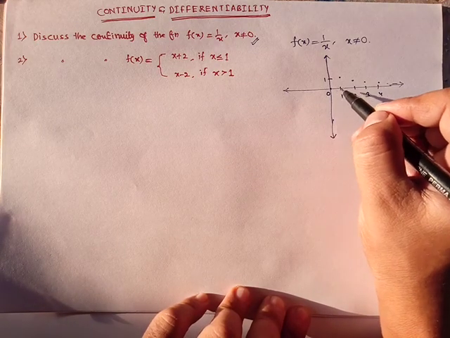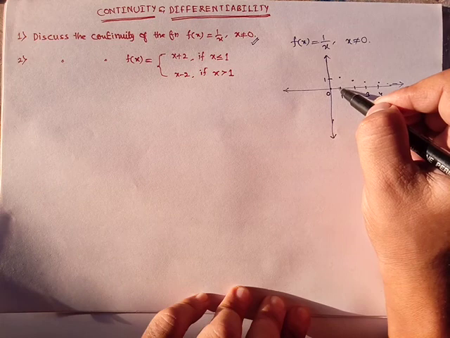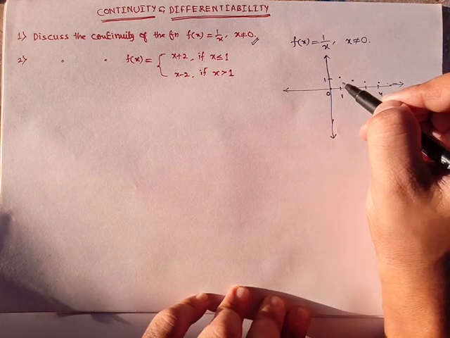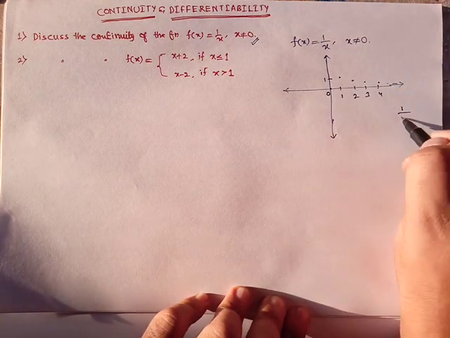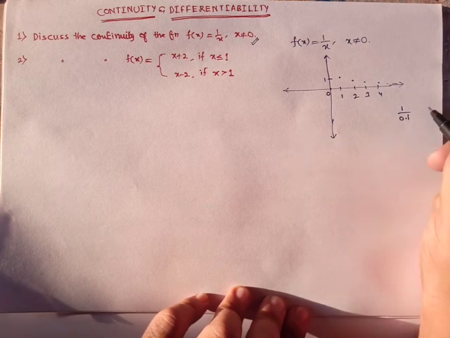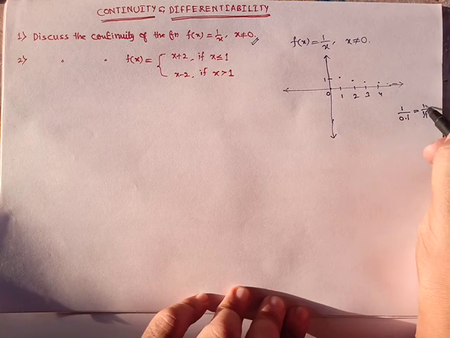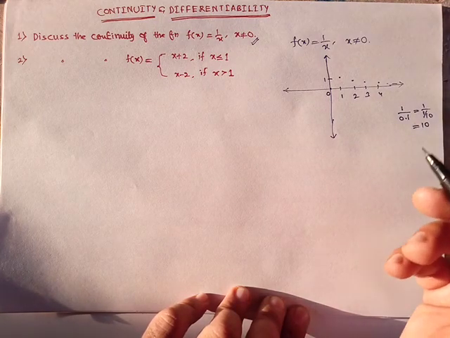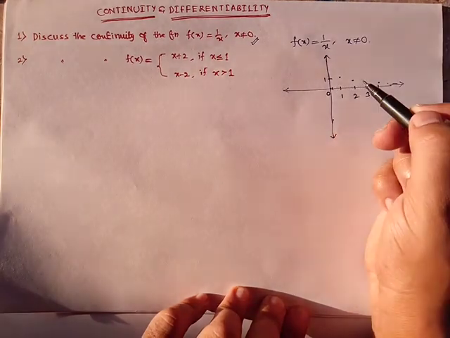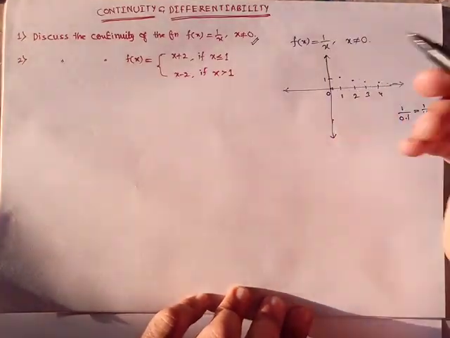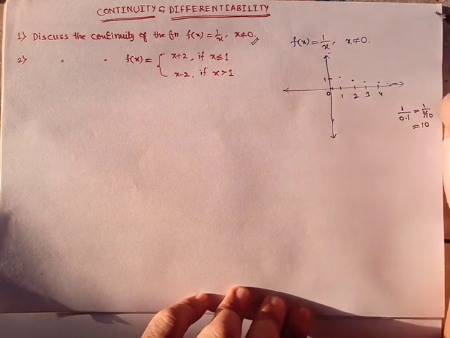In between 0 and 1, if you consider 1 by 0.1, it can be taken as 1 by 1 by 10, which is nothing but 10. So 0.1 is very near to 0, and at this point the value is 10.